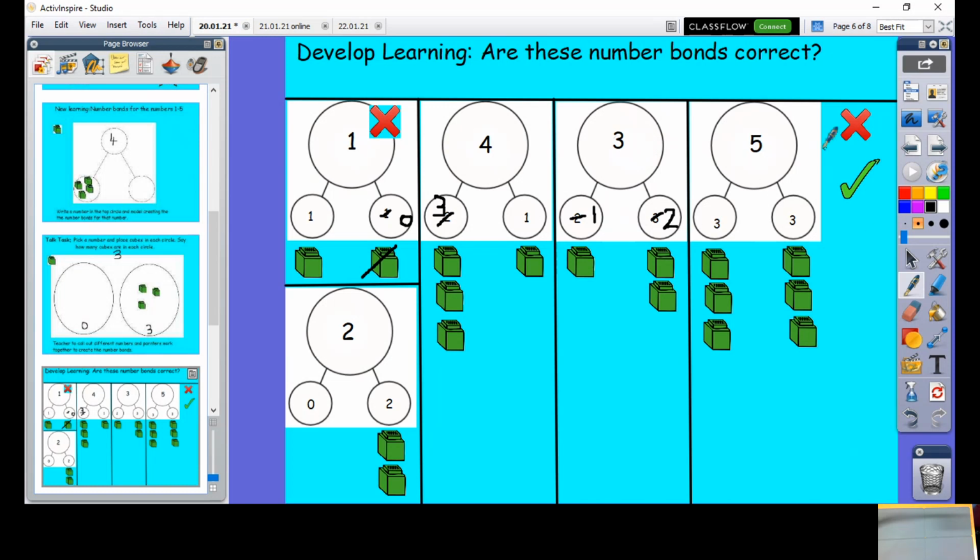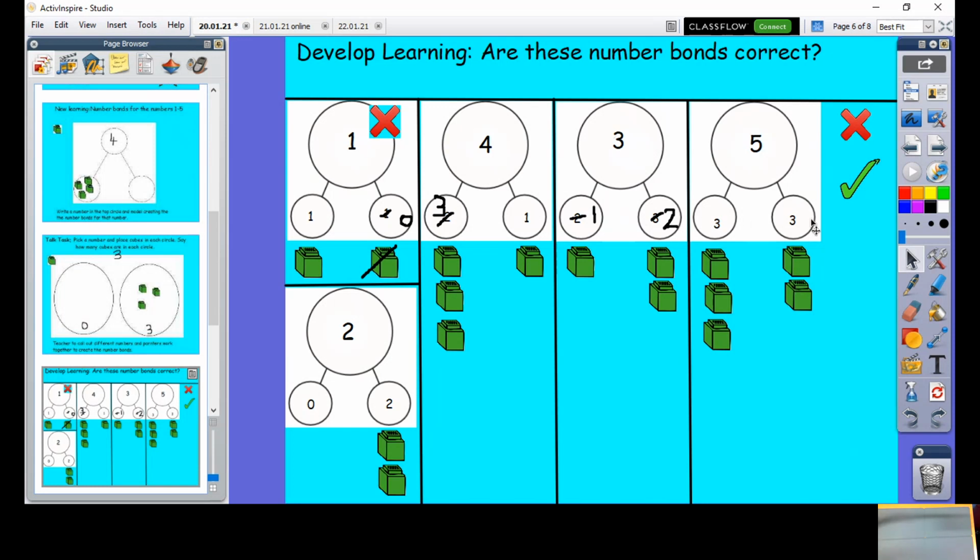Okay, what about this one? This one must be correct. Oh no, it's not correct either. Silly me. Right, let's count how many cubes we've got. What number is it? It's 5. Okay, so 1, 2, 3, 4, 5, 6. Too many cubes. Let's take a cube away. Let's count our cubes now. 1, 2, 3, 4, 5. I've got 5 cubes.